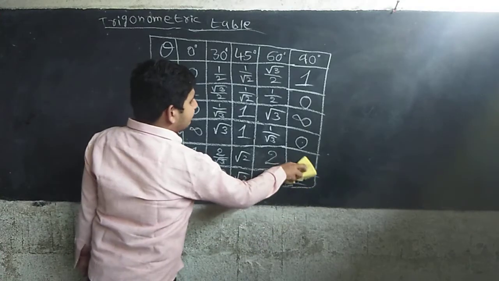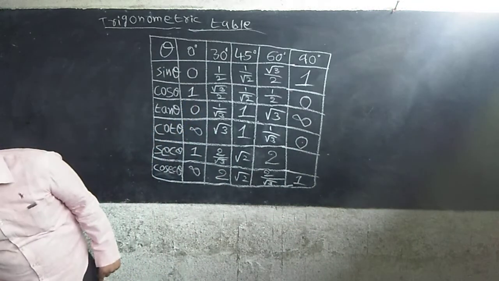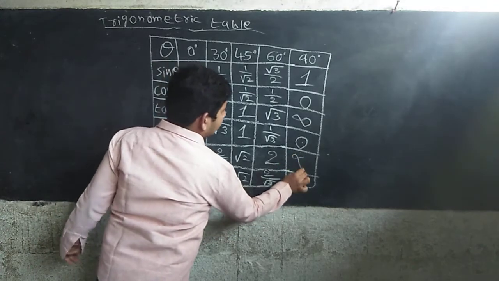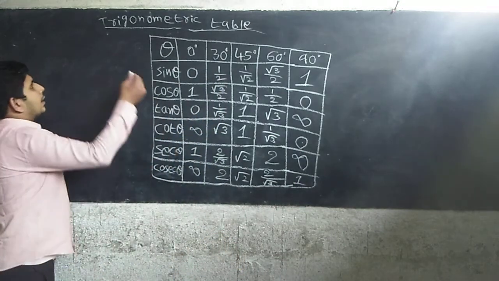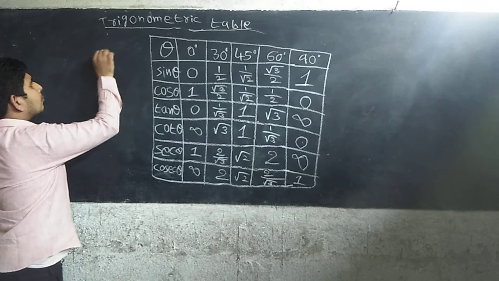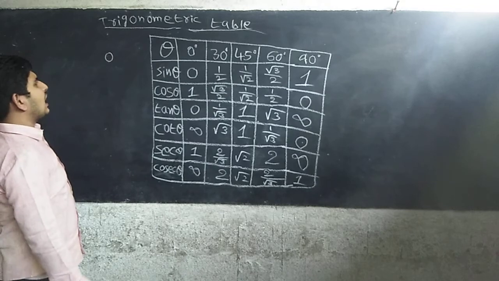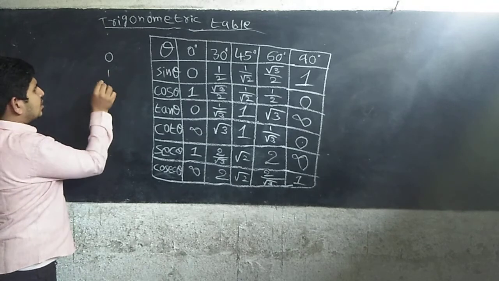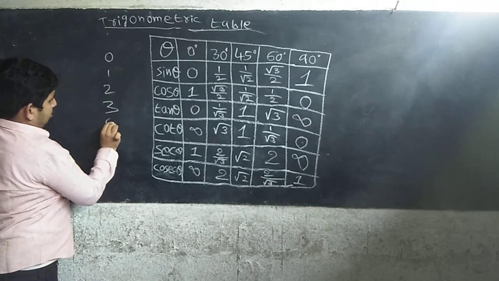Now how do we remember this table? Let us discuss it now. Take 0 to 4: 0, 1, 2, 3, 4.